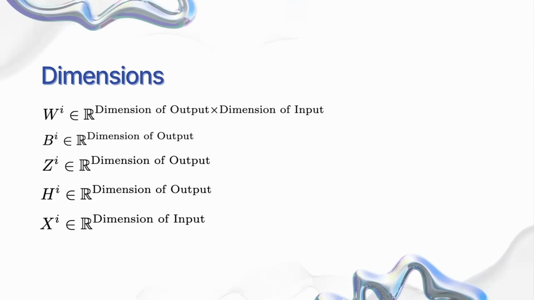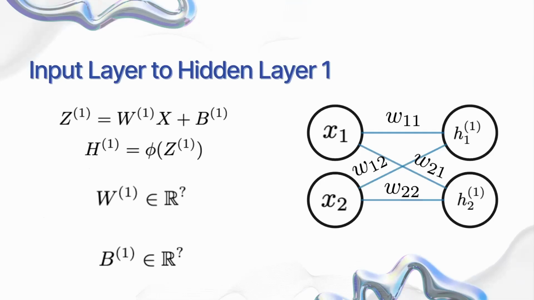Again, you guys can read it. Now, from the input layer to hidden layer 1, what are the dimensions of our weight matrix? And what is the dimension of our bias matrix? What do we think? I guess the first question is, what is the dimension of our input layer?